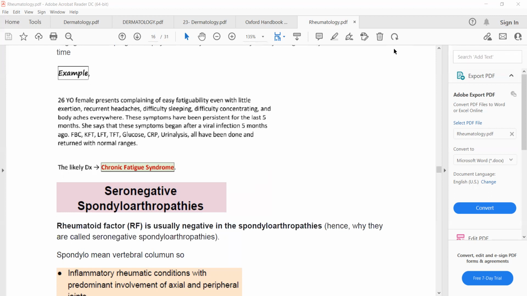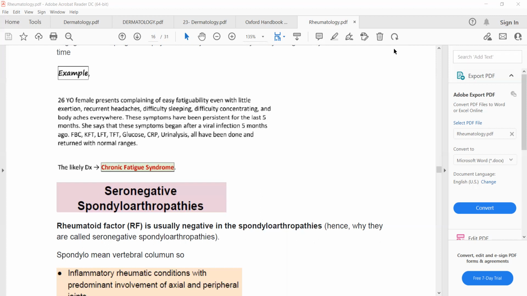Okay, and what are the outcomes after you've done the management? The outcome is very helpful with cognitive behavioral therapy and graded exercise therapy. They can almost cure chronic fatigue syndrome.